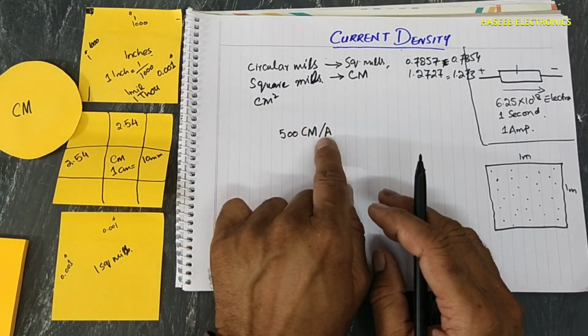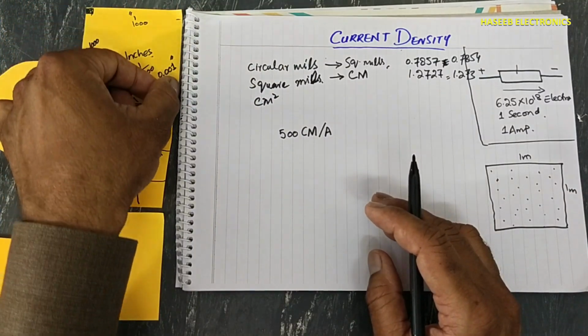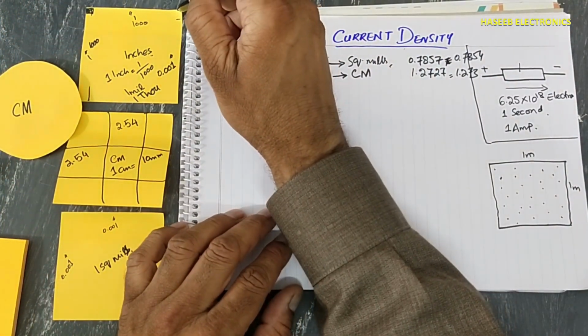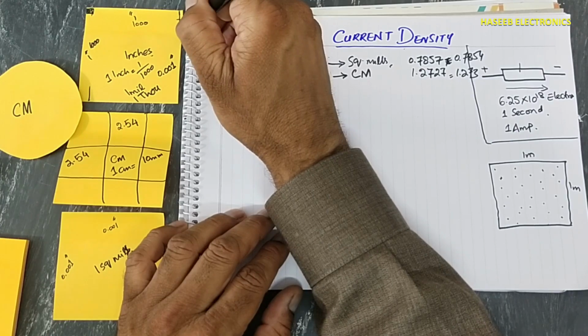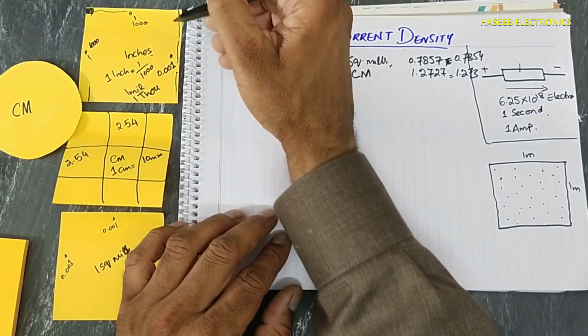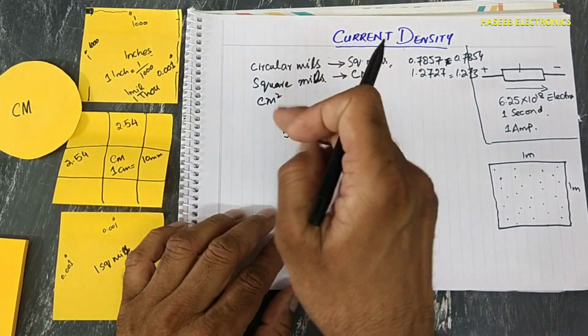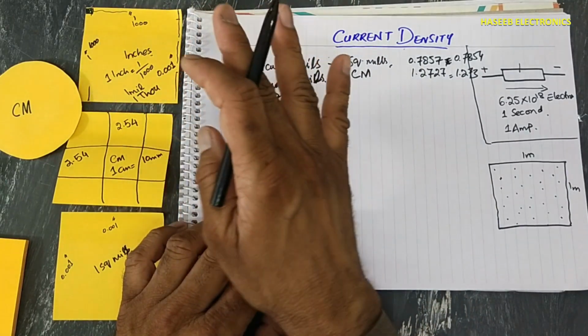We can say this is the area of this wire in any one direction, either length, width, circular shape or square shape.